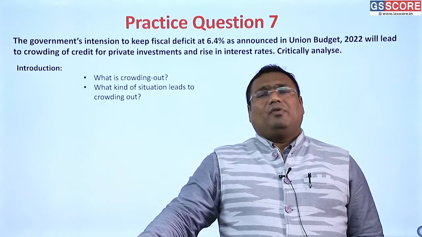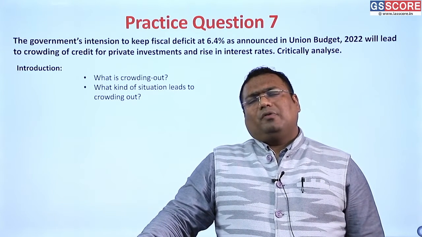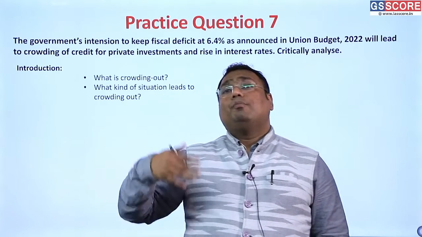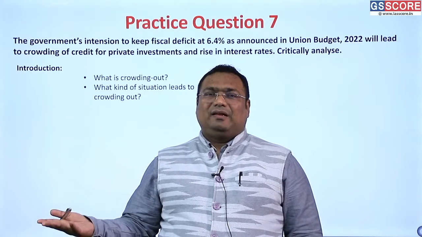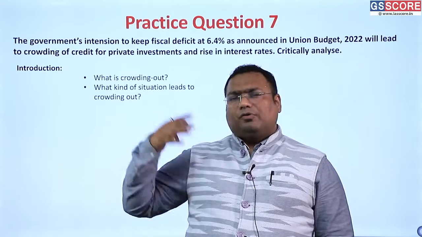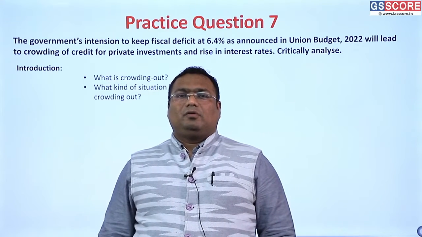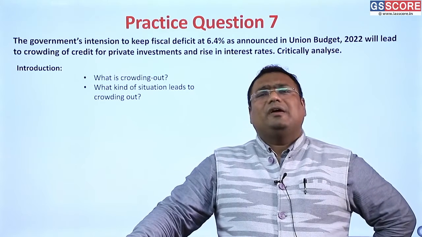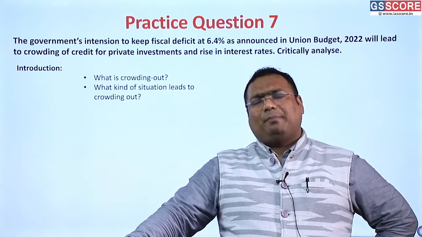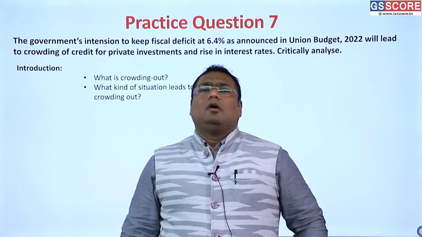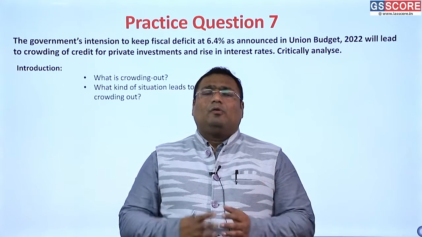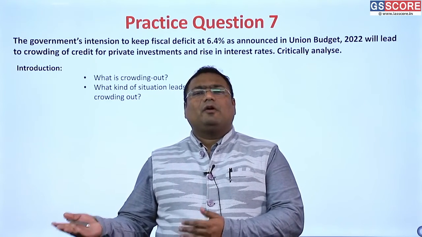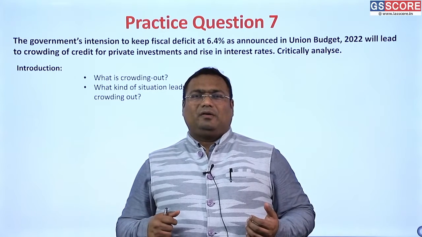When I was talking about crowding out, I was saying that crowding out may happen because of the government deficit. It does not necessarily happen. So when it will not happen and when it will happen, that condition we have to talk about. Crowding out happens when the private sector already has a good demand in the financial market.